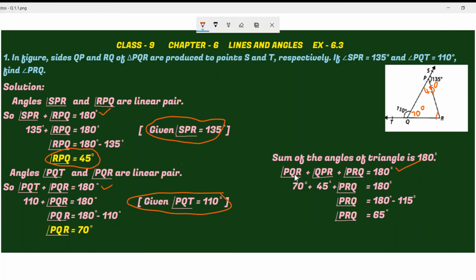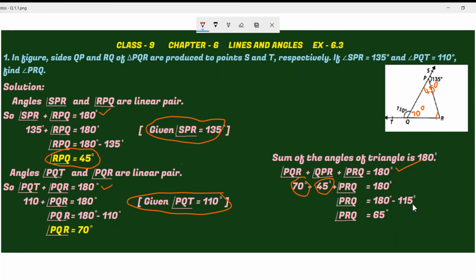We know angle PQR is 70 degrees and angle QPR is 45 degrees. By substituting the values of these two angles, I get 70 plus 45 plus angle PRQ is equal to 180 degrees. You have to add these two angles and bring the angle to this side of the equation, so it becomes negative.